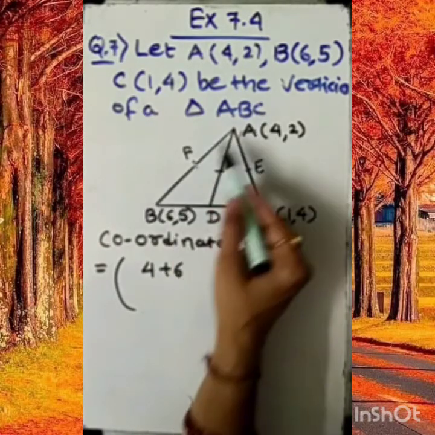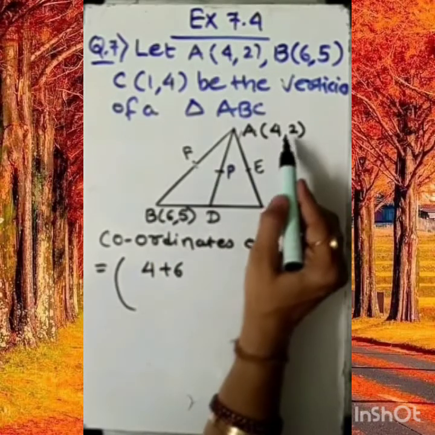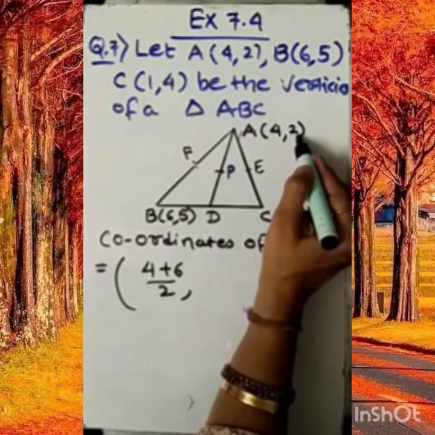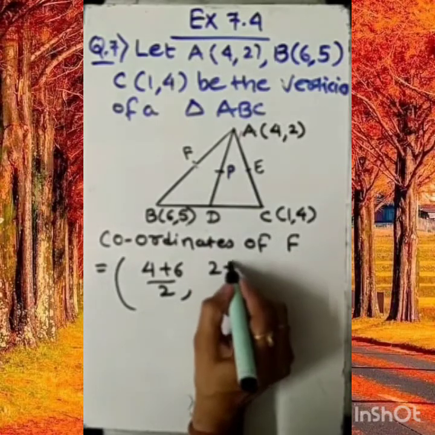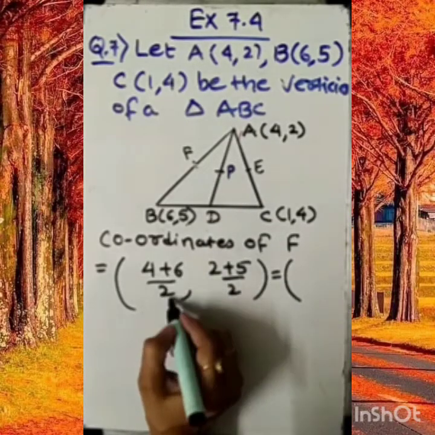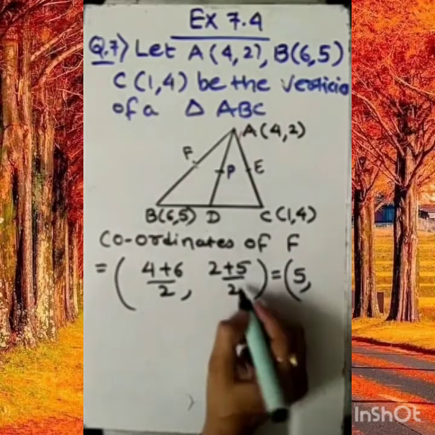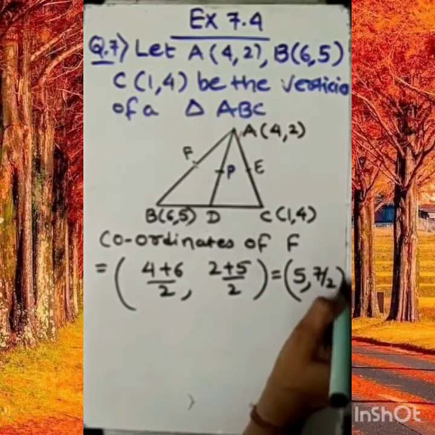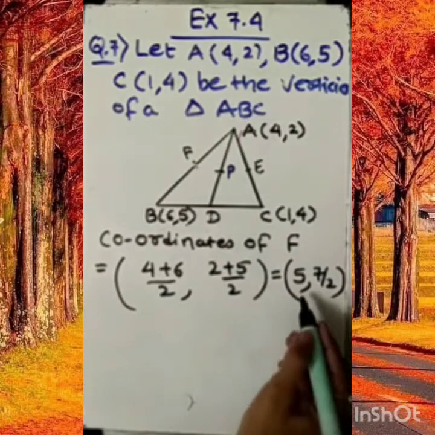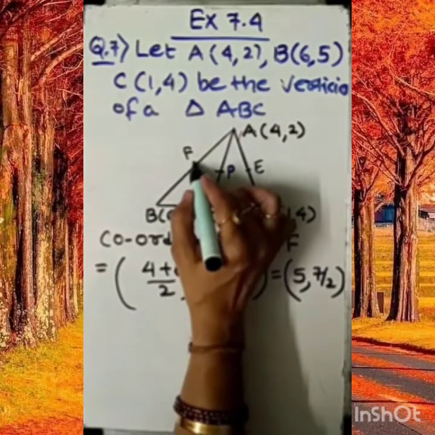So the coordinate is (4 plus 6)/2, (2 plus 5)/2. What will be the simplification? 10/2 will be 5, and here it will be 7/2. So the coordinates of point F are (5, 7/2).